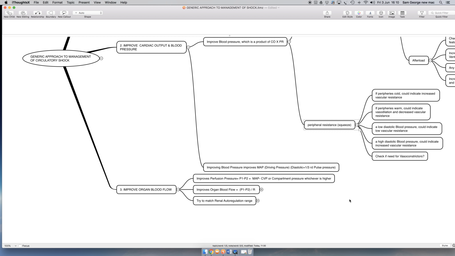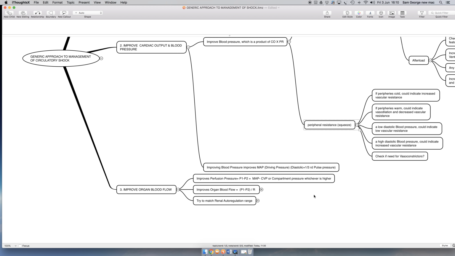Now, the next step is improving the organ blood flow. You've got to know the formula for organ blood flow. First, you improve the perfusion pressure by improving the mean arterial pressure. The formula for perfusion pressure of an organ is P1 minus P2, which is equivalent to mean arterial pressure minus central venous pressure or compartment pressure, whichever is higher.